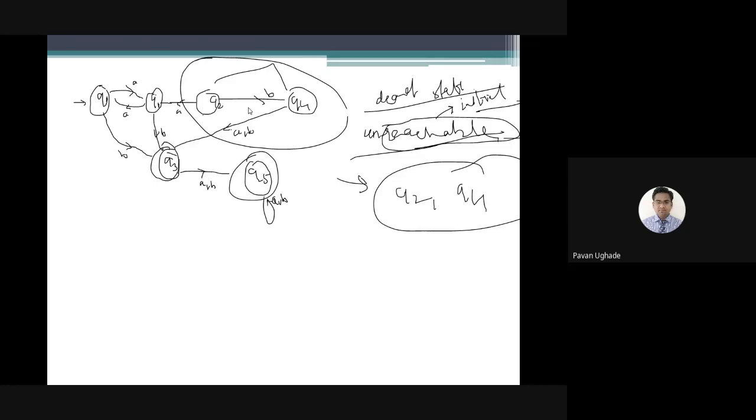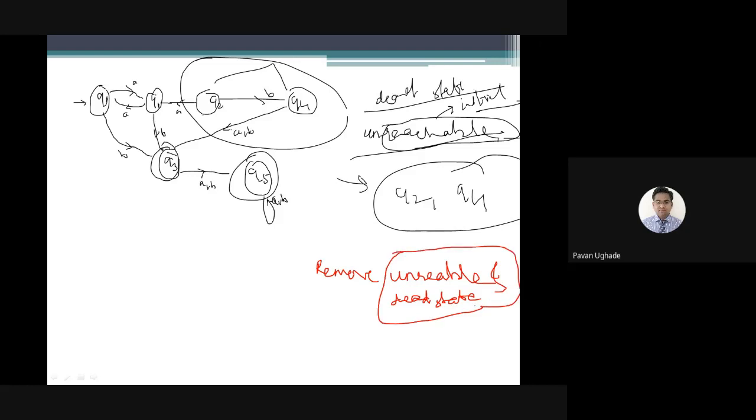Are you getting the concept I'm saying? In that case, we should remove the unreachable and dead states. A very important point: when we are considering a DFA, we know we don't have the concept of dead state.